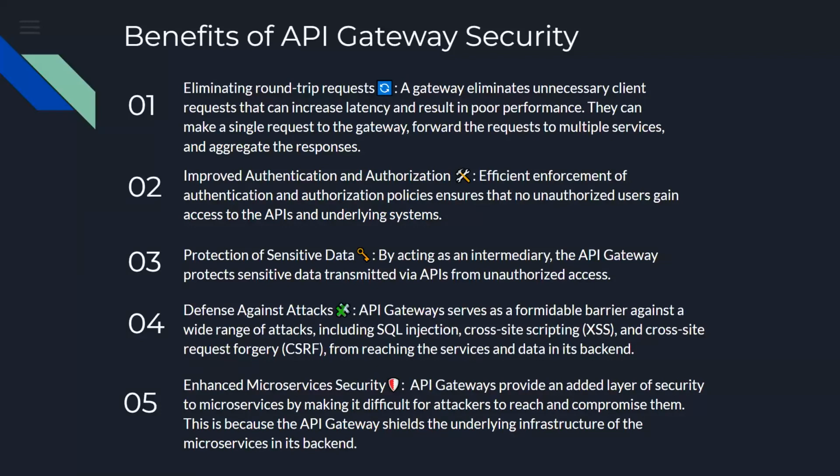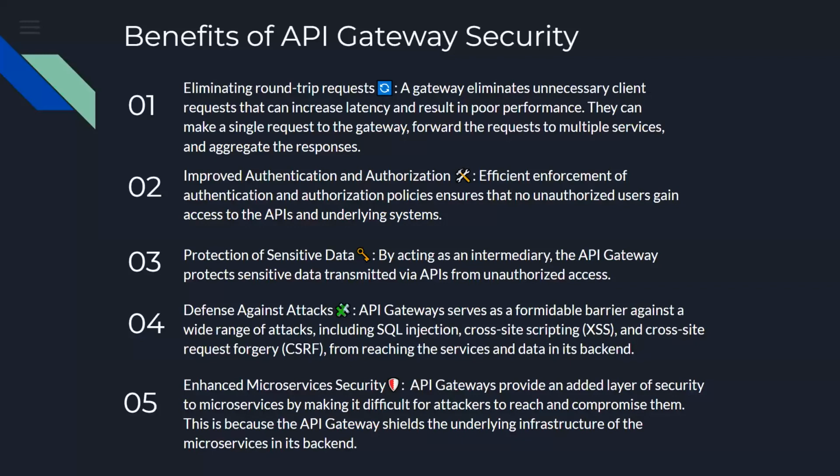Protection of sensitive data. By acting as an intermediary, an API gateway protects sensitive data transmitted via the API from unauthorized access. Because when you have authentication and authorization, when you restrict access to who comes into your house, nothing will leave the house without you knowing.